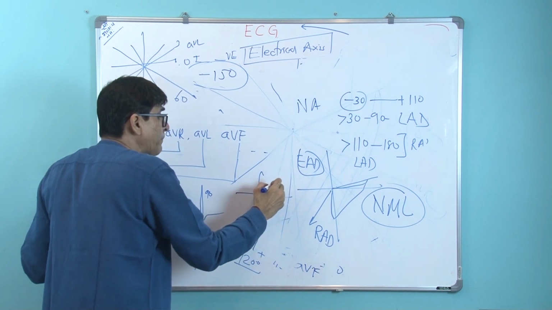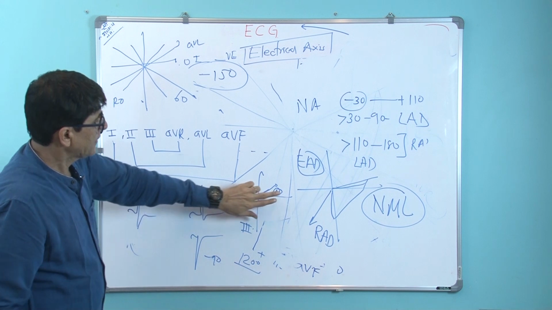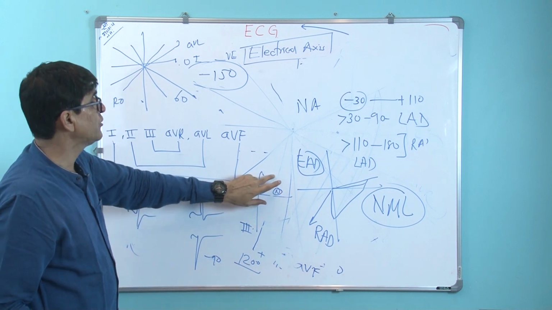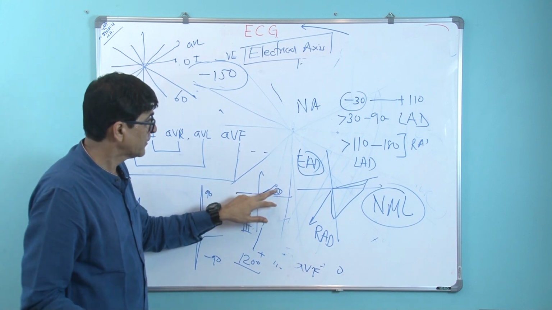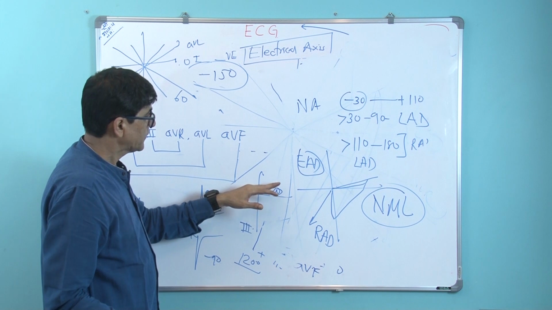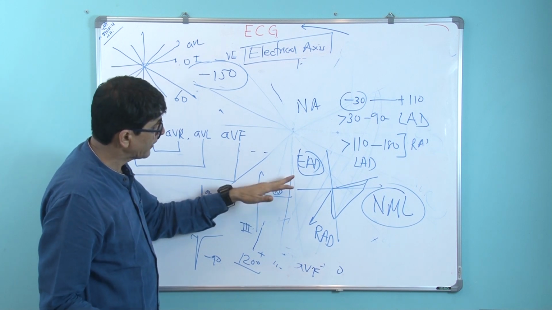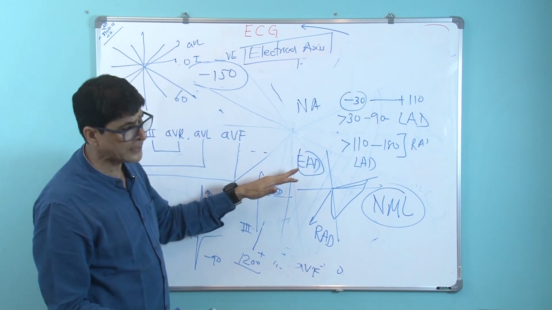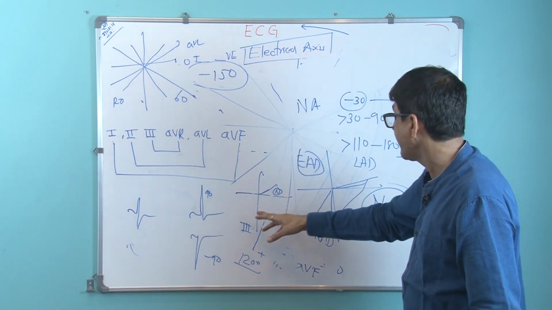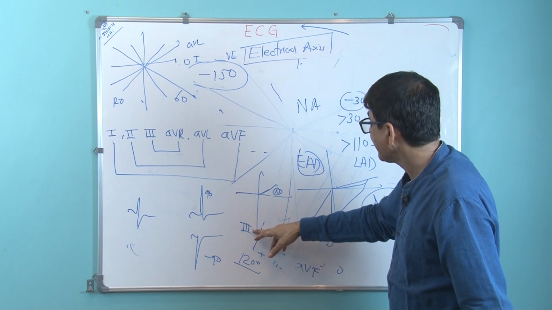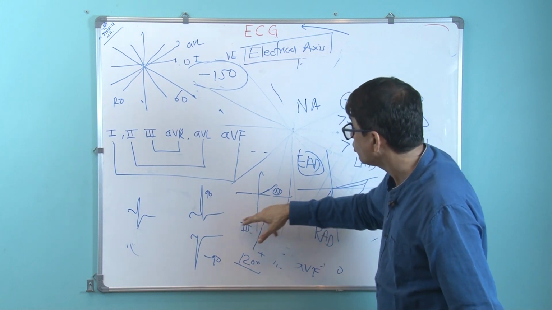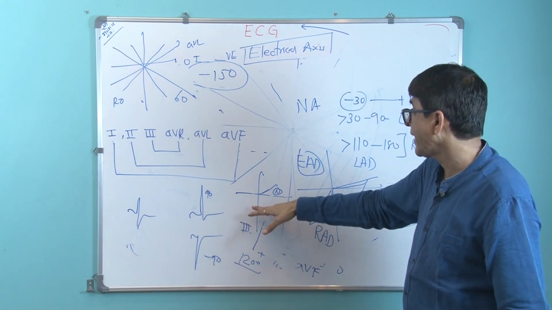It is towards left but not left axis deviation. When it crosses minus 30, then you call it left axis deviation. And 90, 100 is also positive, but you have to cross at least 100 to call it right axis deviation.